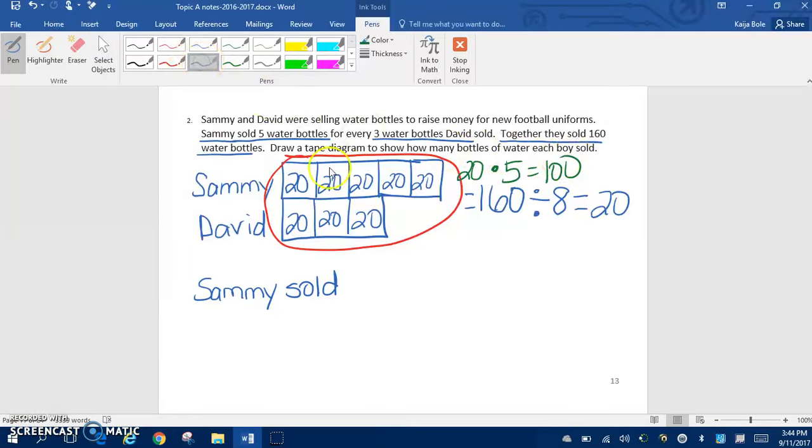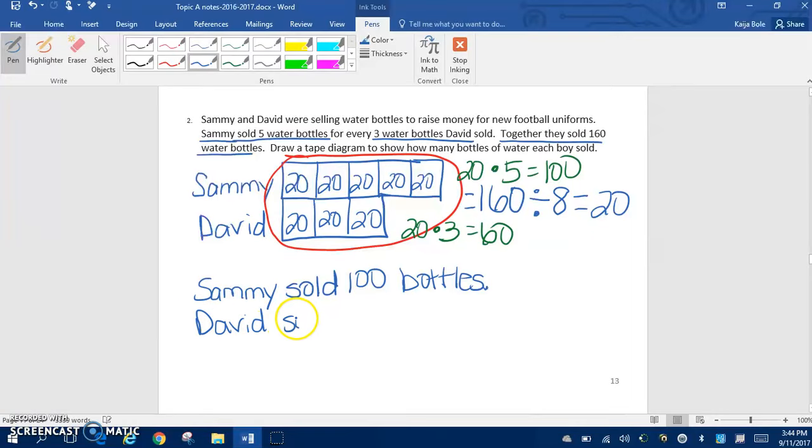So Sammy sold 100 bottles. And if we look at David, David had 20 in each box times 3 boxes, and 20 times 3 gives us 60. So David sold 60 bottles.